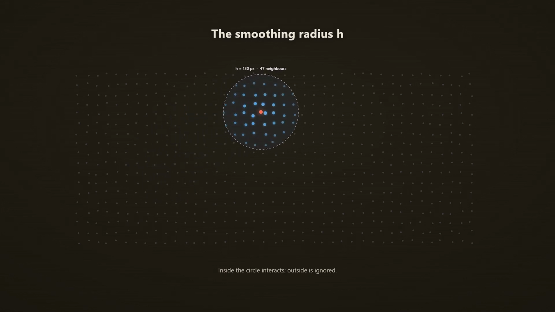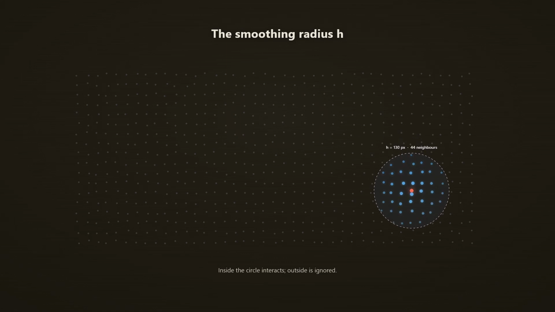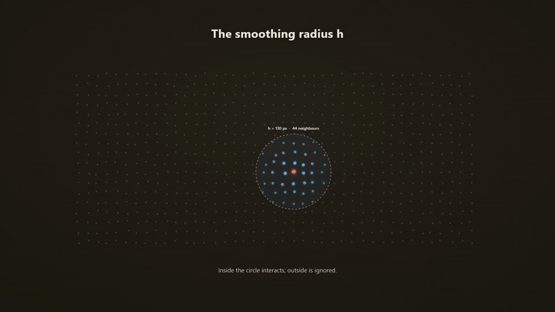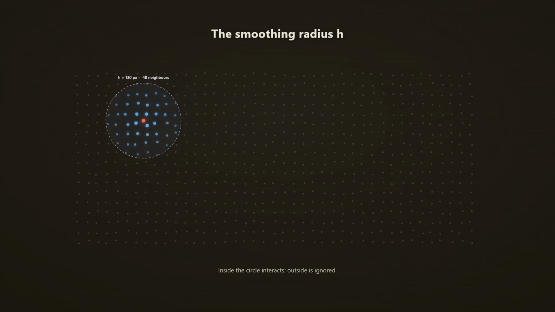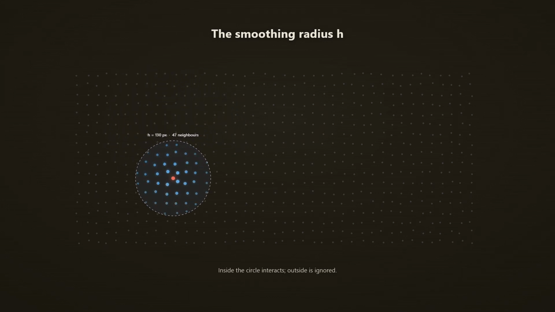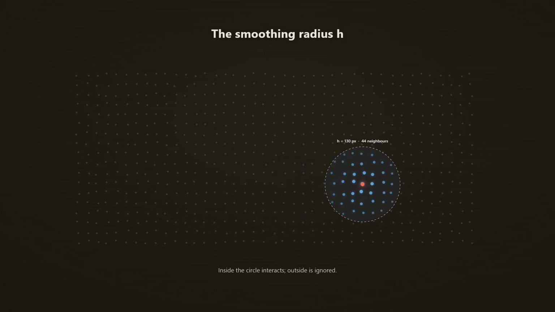Looking ahead, later in the series, when we build a grid to find neighbors quickly, we will set the grid's cell size equal to H. That's a convenience choice. It means a particle only has to check its own cell and the 8 cells around it. Depends on how you build the grid.